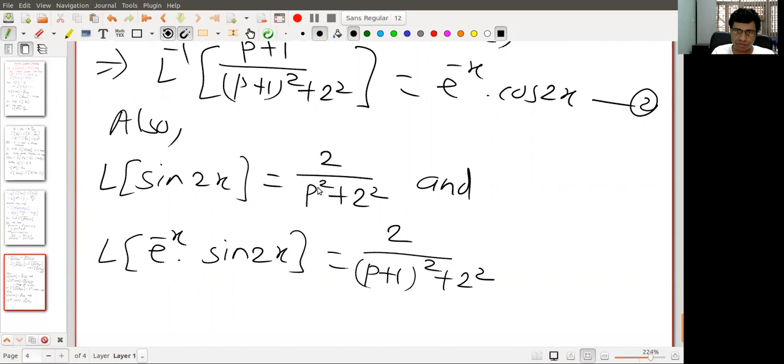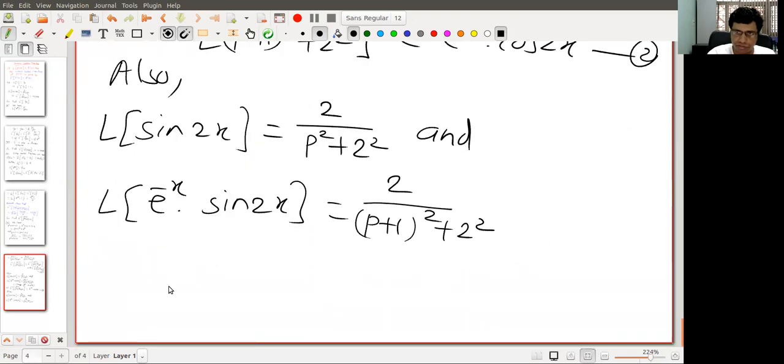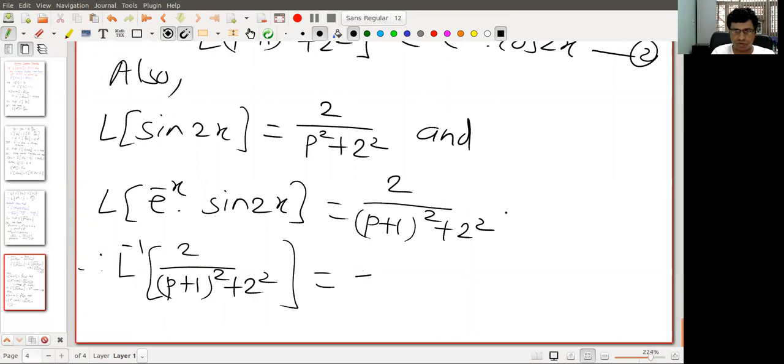Okay, so whenever we find p, we replace it by p plus 1. So this gives inverse Laplace transform of 2 divided by p plus 1 square plus 2 square equal to e raised to minus x into sine 2x. This is 3.